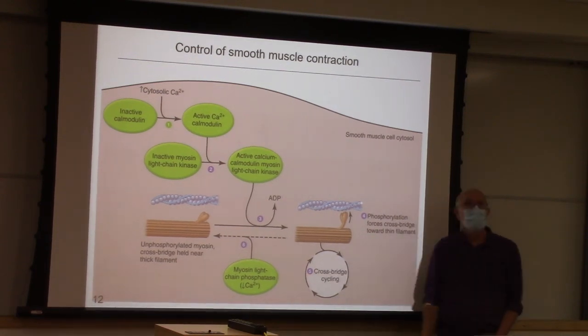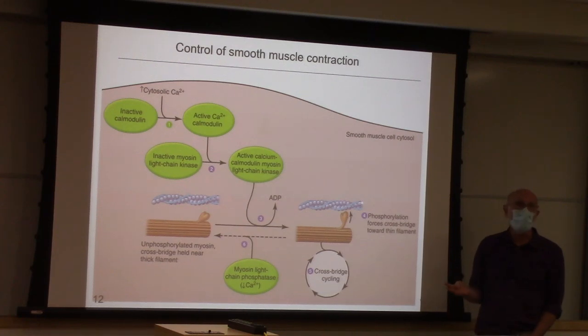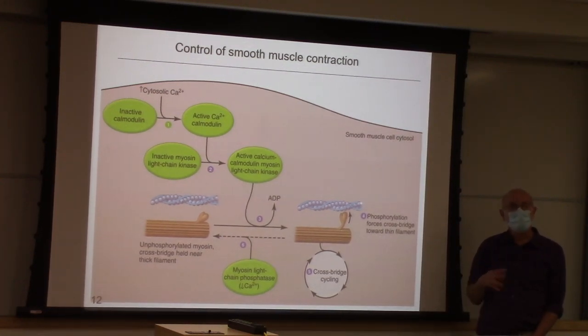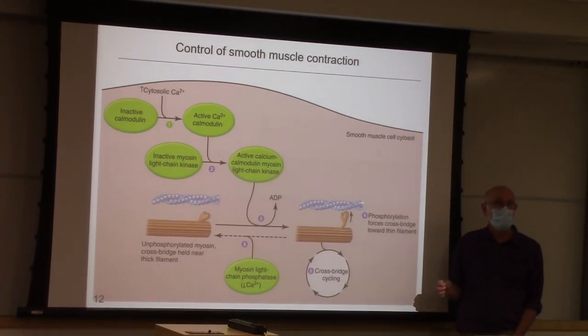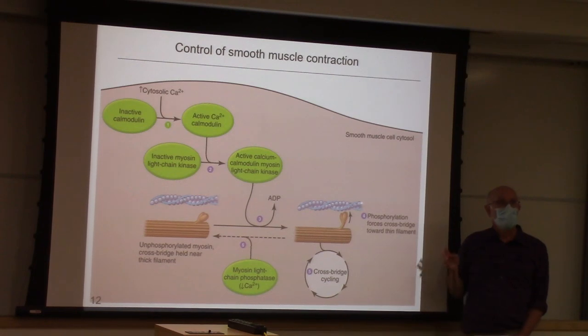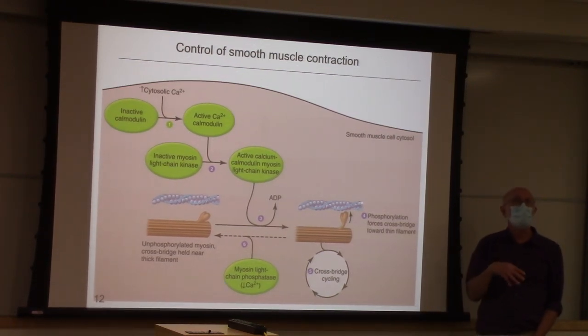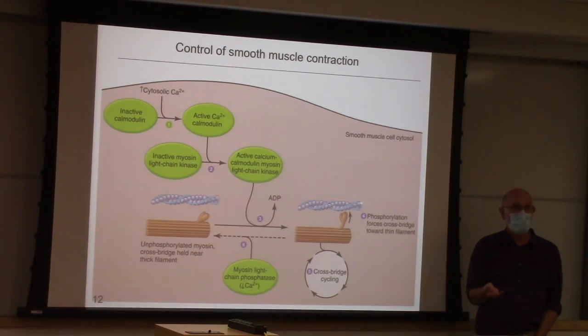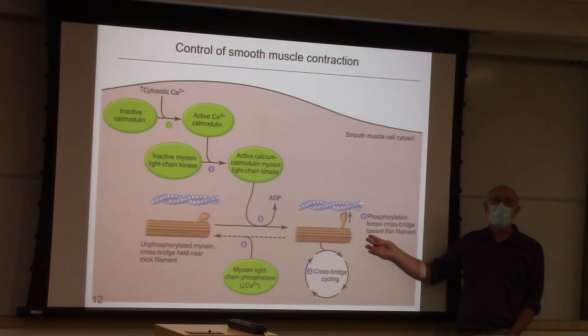So both require ATP. The ADP is not an important player in this story, but it is an important player in striated muscle. The phosphate is important in both, but in striated muscle, the phosphate is simply bound to the myosin, and in smooth muscle, the phosphate is covalently attached by the kinase.